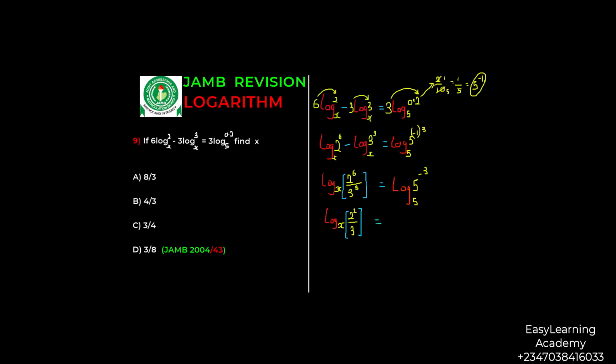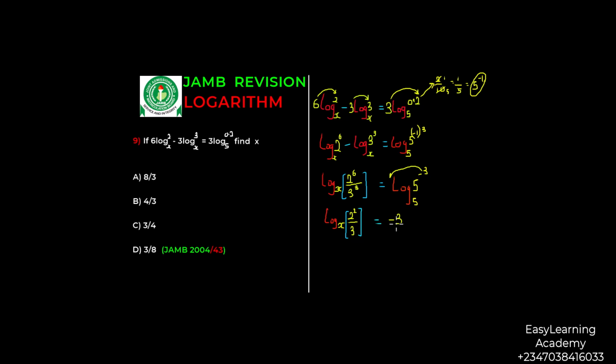Something that I want you to see: log 5 base 5. Remember, any log of a number that has the same base is 1. So this minus 3 crosses over here, and that will be minus 3 times 1. So minus 3 times 1 is the same thing as minus 3.